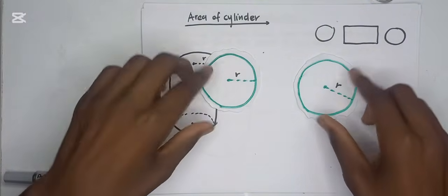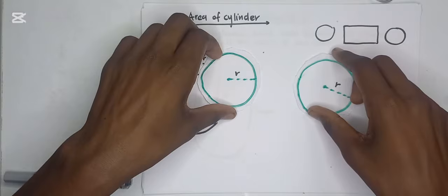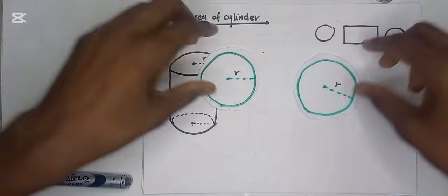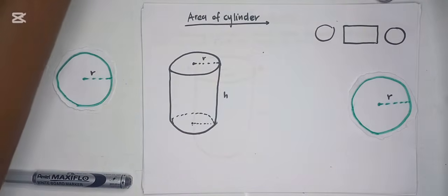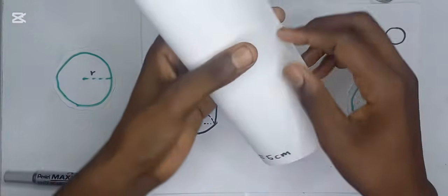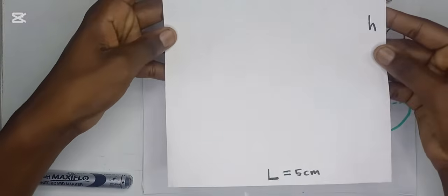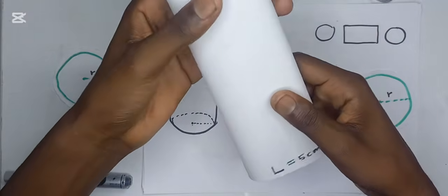So what do I mean when I say it is formed by two circles and a curved rectangle? This is not yet a curved rectangle. When we want to form the cylinder, look at what is going to happen. We're going to fold our rectangle. It was like this, but now we're going to fold it like this.